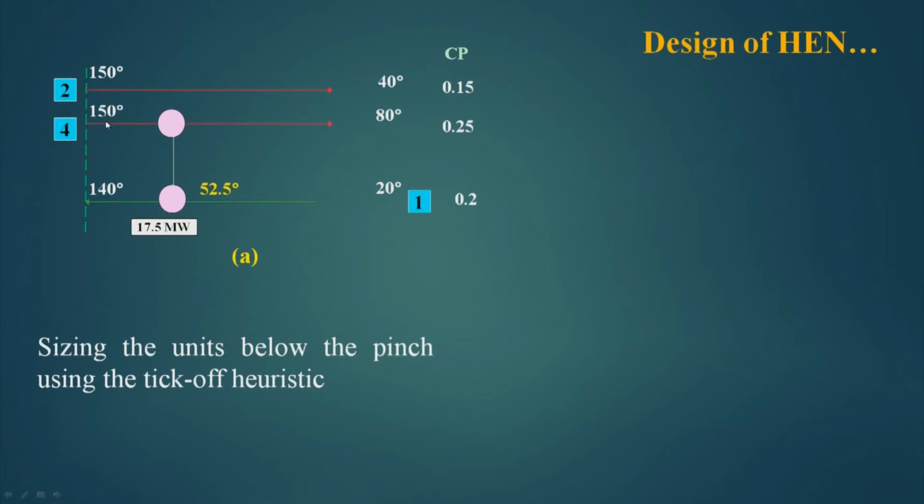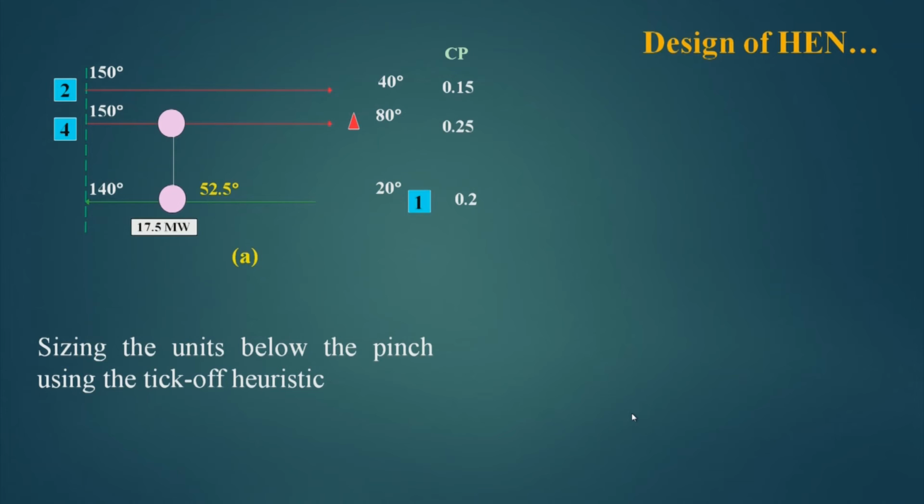So, this hot stream has 17.5 megawatts. This can completely give to this cold stream because it is ready to take more than that. It can take 24 megawatts.